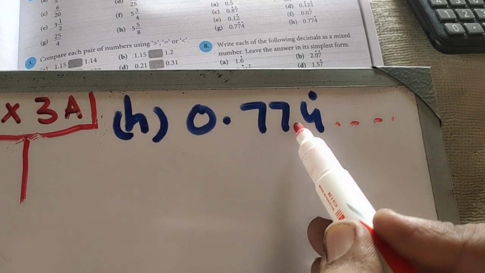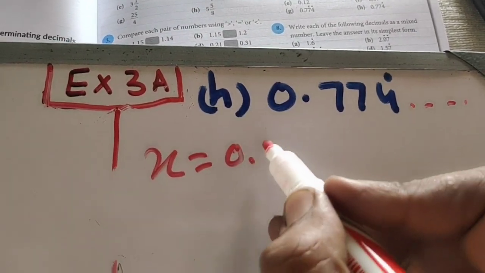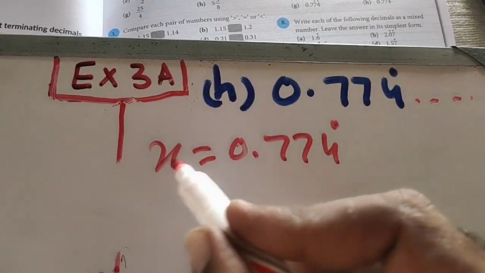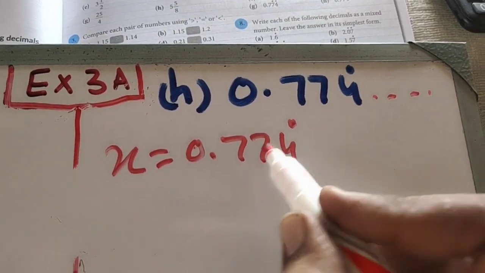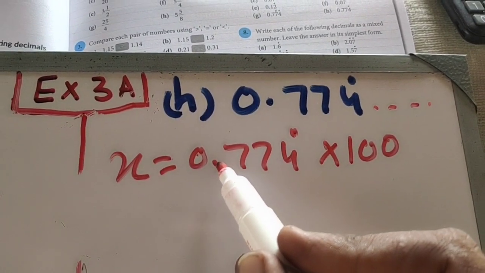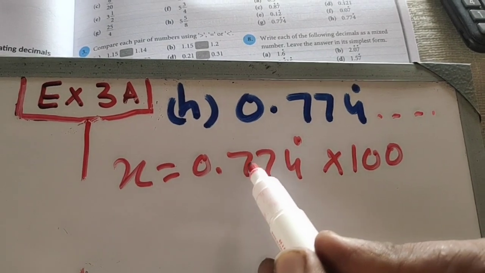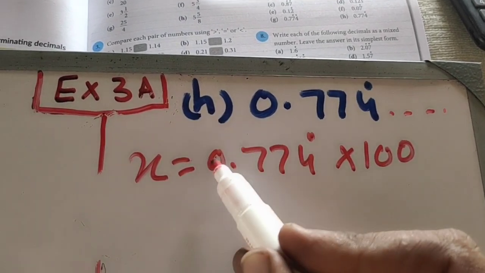A number with 2 zeros. It means we are going to take x is equal to 0.774 dot, and now we multiply it with 100, because we need to move our decimal twice on the right so that this non-repeating part becomes a whole number.